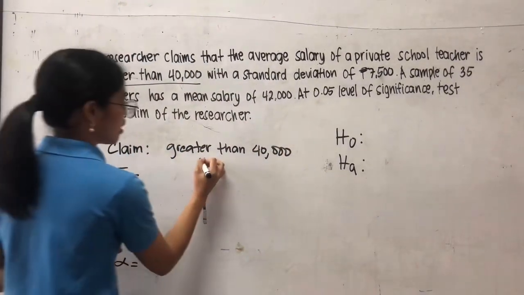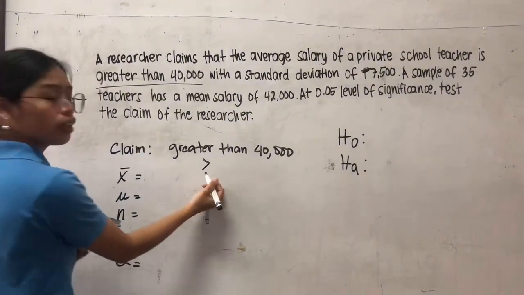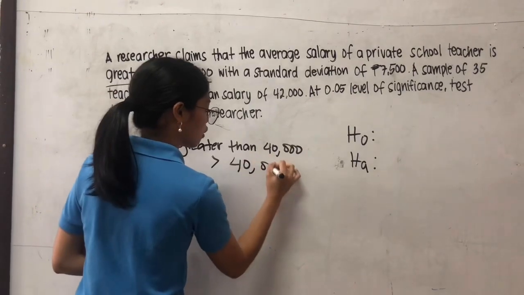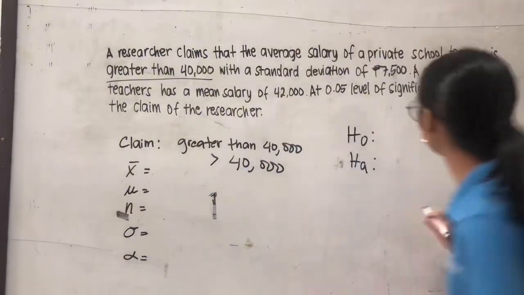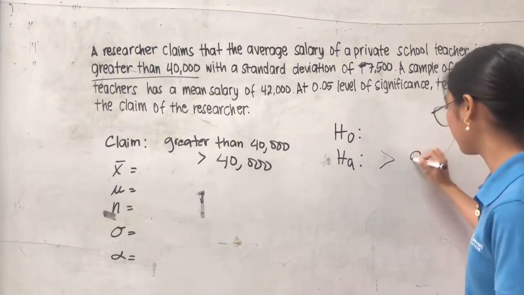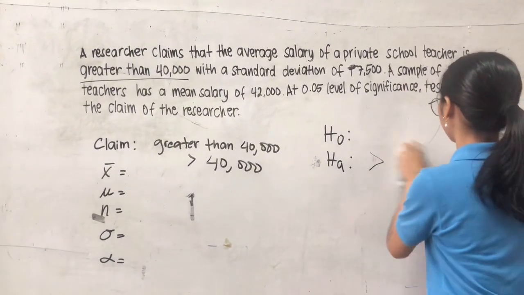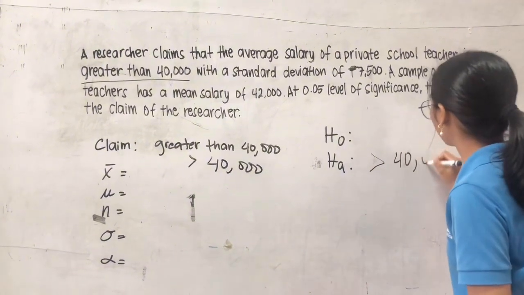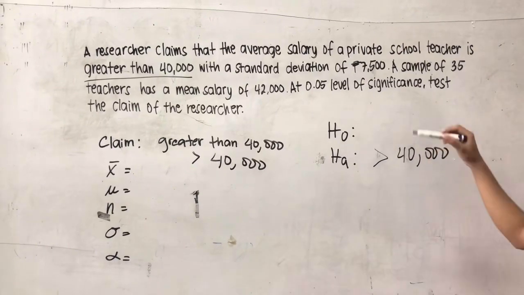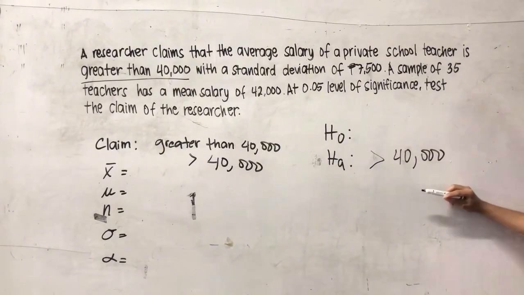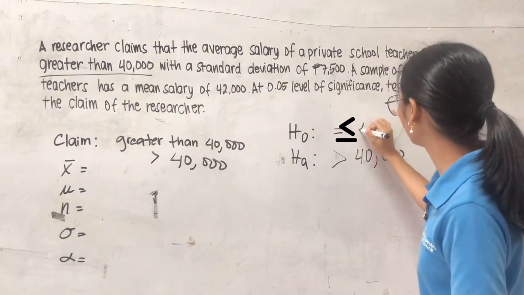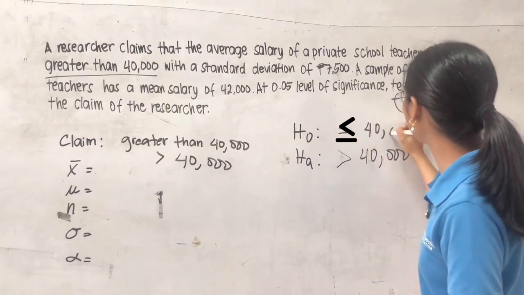So we can write the sign as greater than $40,000 and use it as our alternative hypothesis. And the null hypothesis, which is the inverse of this alternative, is less than or equal to 40,000.